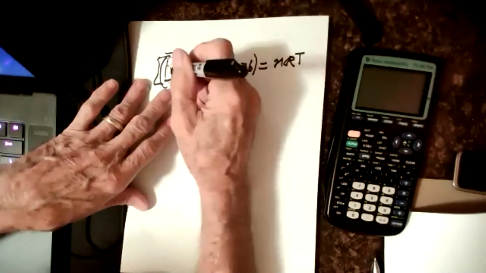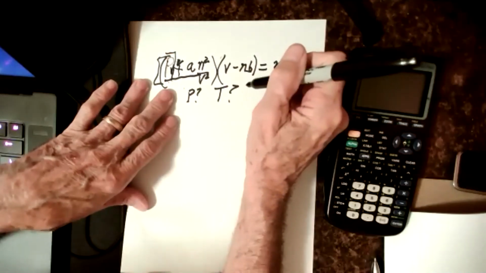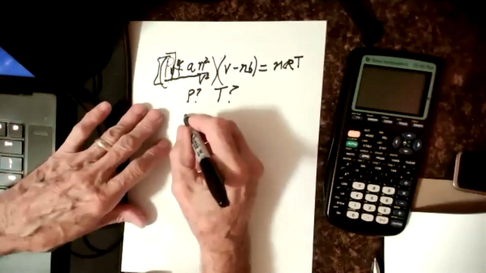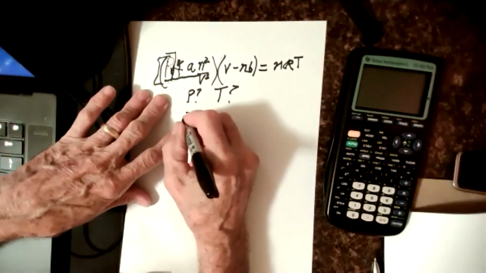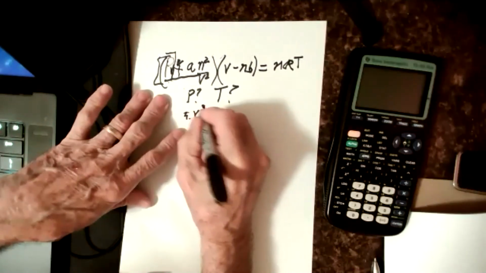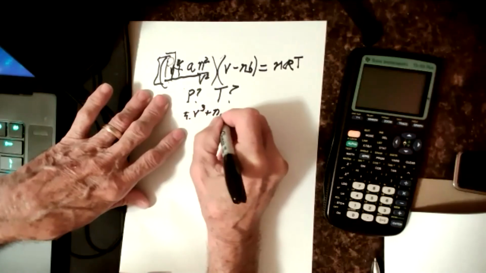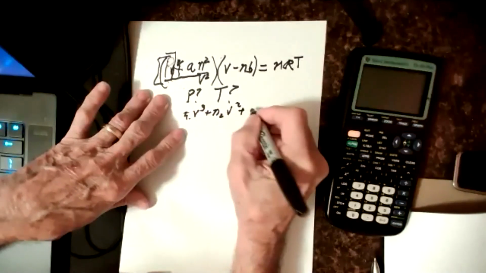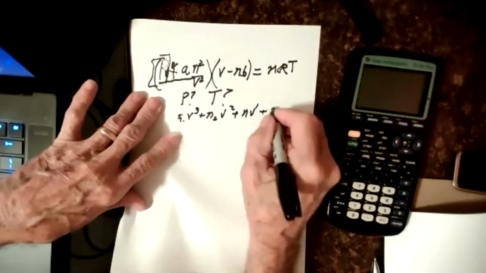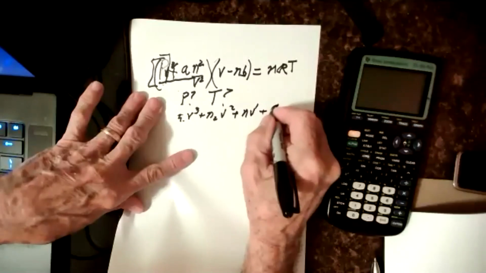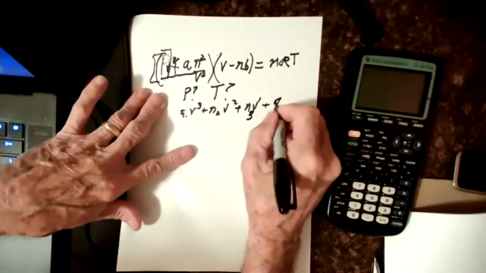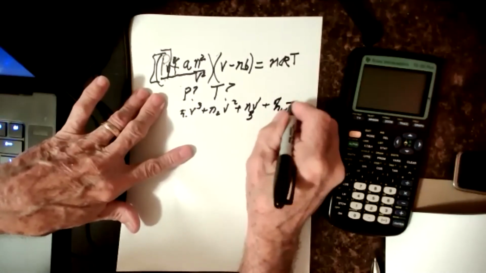But what I would wind up with is a V squared times a V term, which would give me a cubic term. I'm going to have an equation of the form n1 V cubed plus n2 V squared plus n3 V to the first power plus a constant n4 equals 0.